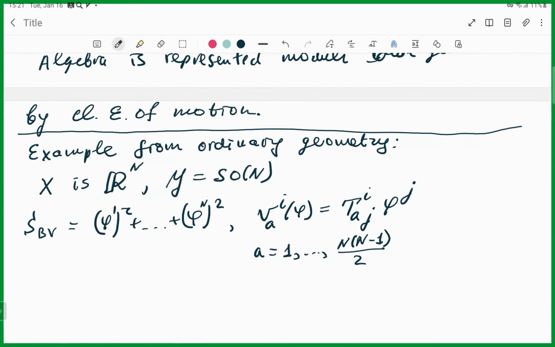Now I will do the following trick. I will integrate over the very special Lagrangian submanifold.